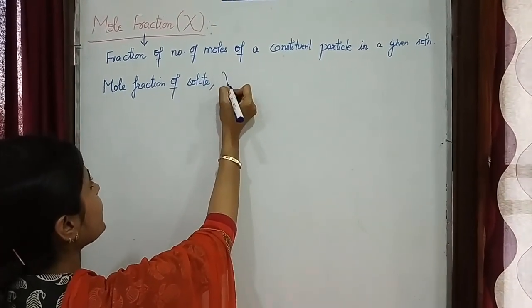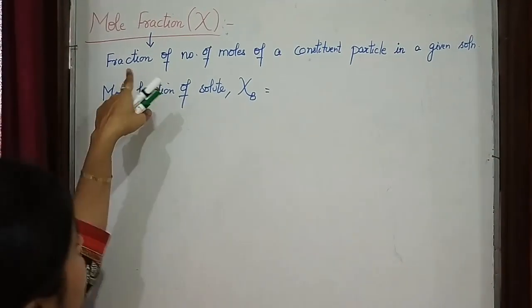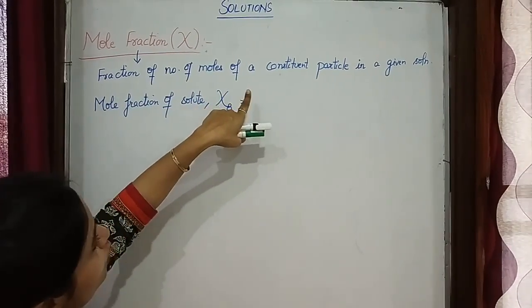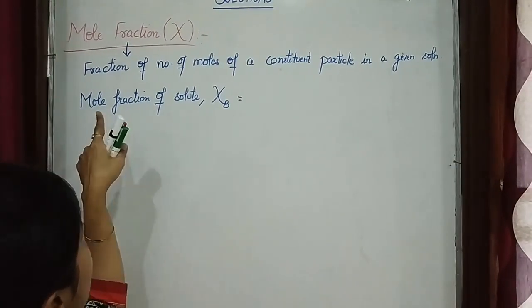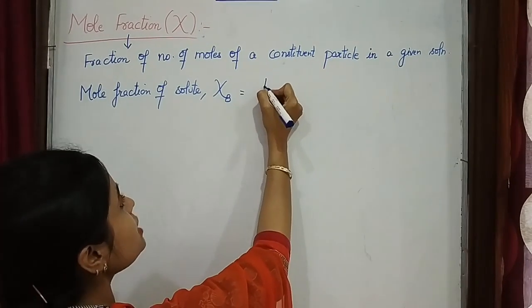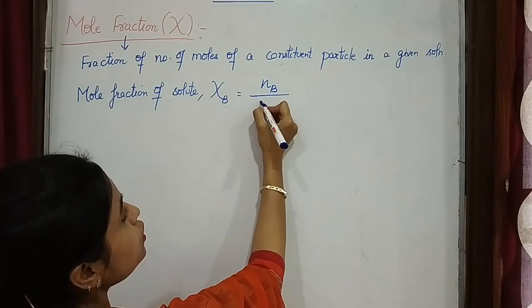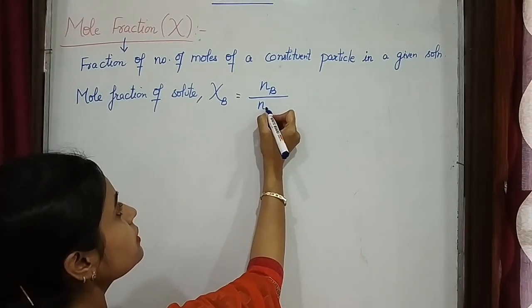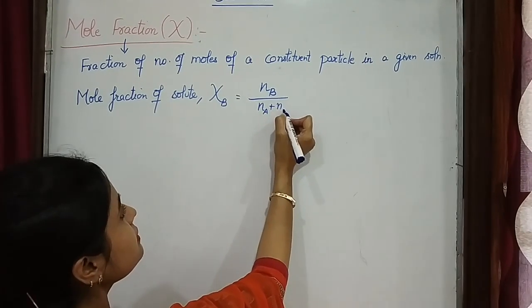it is represented by chi B. Then according to the definition, it is a fraction of the number of moles of a constituent particle or component in a given solution. So the mole fraction of solute, chi B, is equal to the ratio of the number of moles of solute to the total number of moles of solution, that is both solvent and solute.